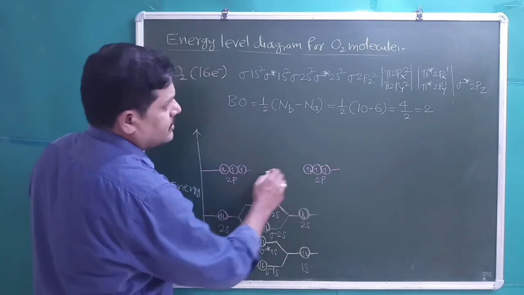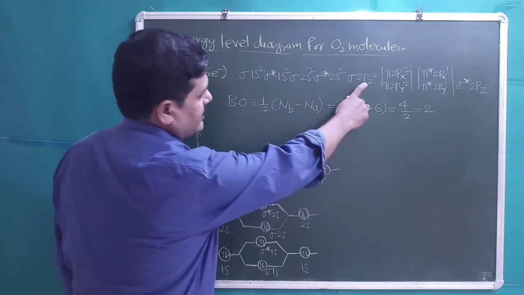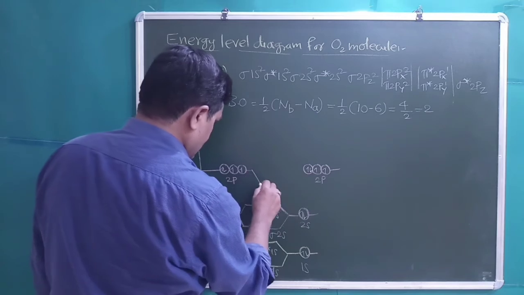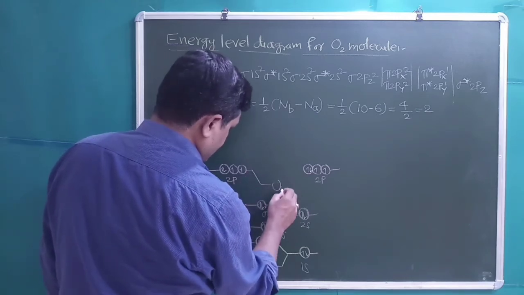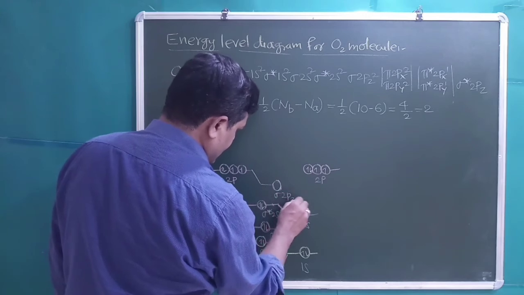Next level, while writing the electronic configuration, after the sigma star 2s, there is a sigma 2pz orbital.